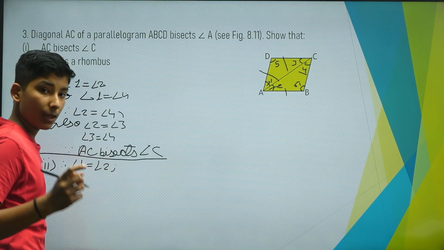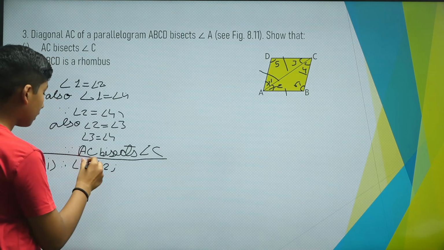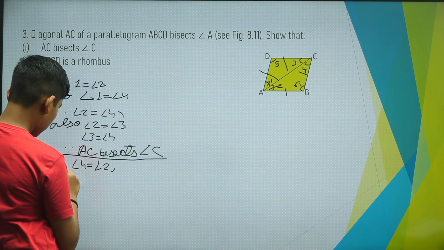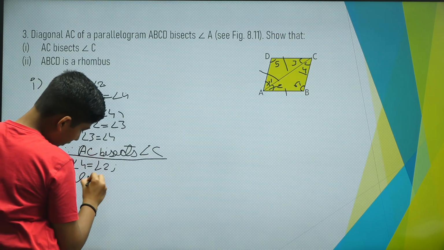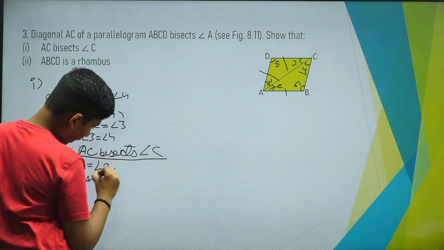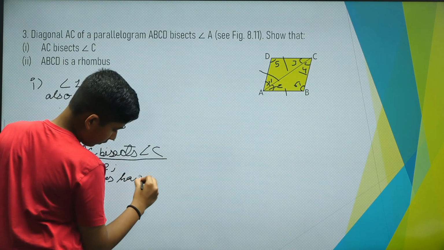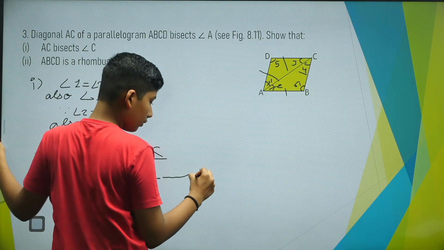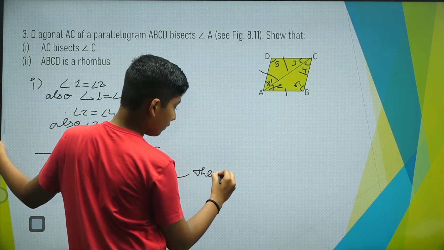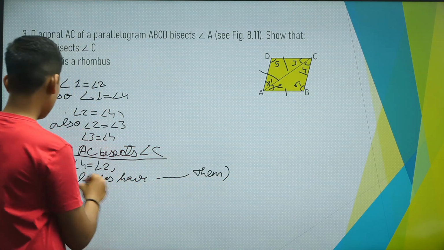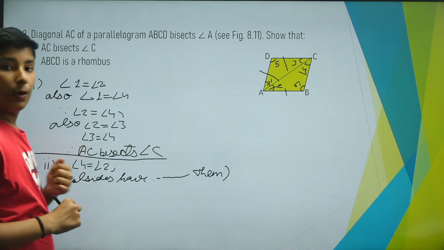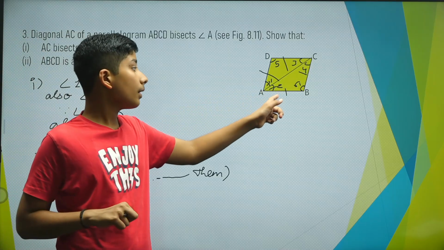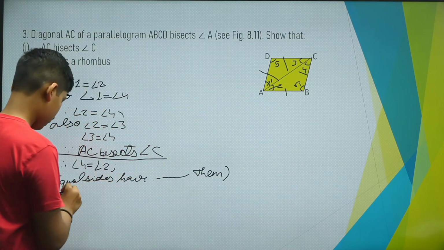Since angle 4 is equal to angle 2, and equal sides have equal angles opposite to them, we can say that AB equals CB.